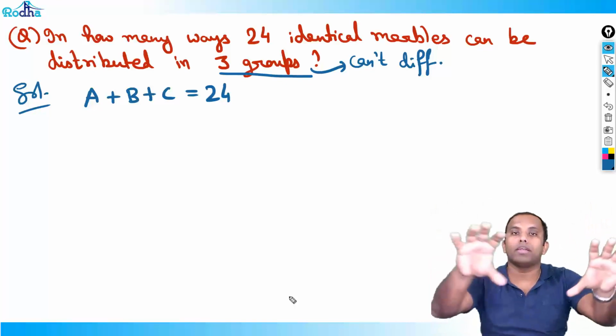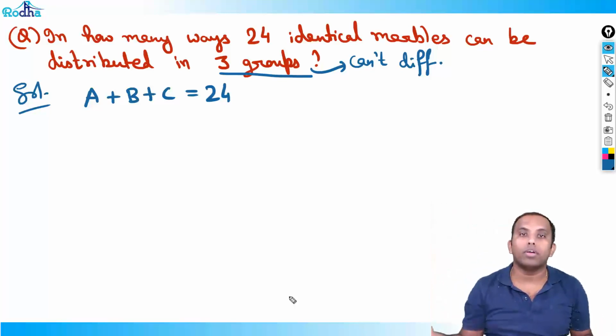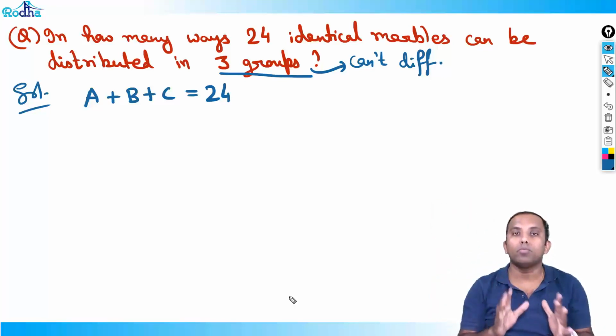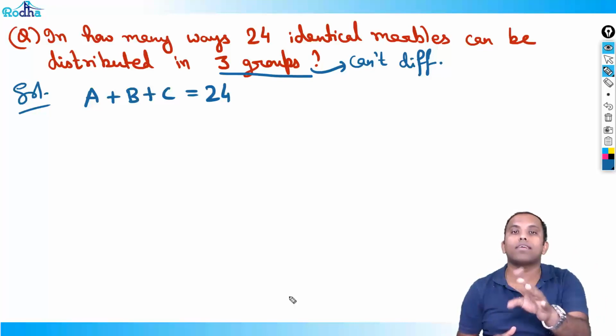Simply, you're dividing into groups. That doesn't mean you can say 3, 4, 5 is different from 5, 4, 3. No, right? So groups means you can't differentiate. That basically means two groups of 4 and 6 are equal to 6 and 4, right? That basically means what?